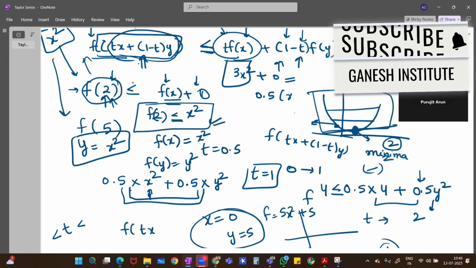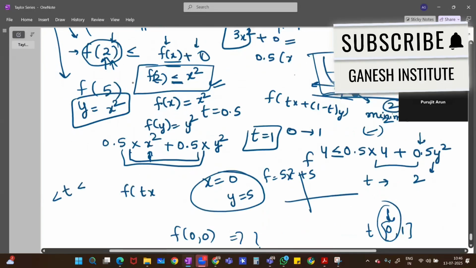Fy is also 0. And your scalar distribution would be this. It's 0. Scalar distribution is also 0 in this case.